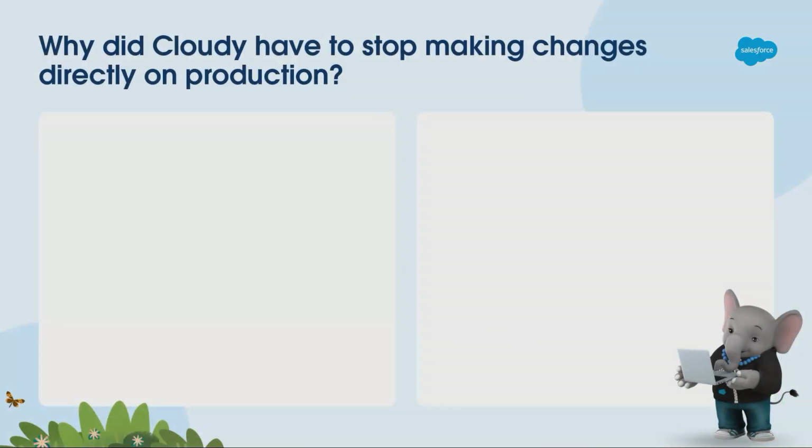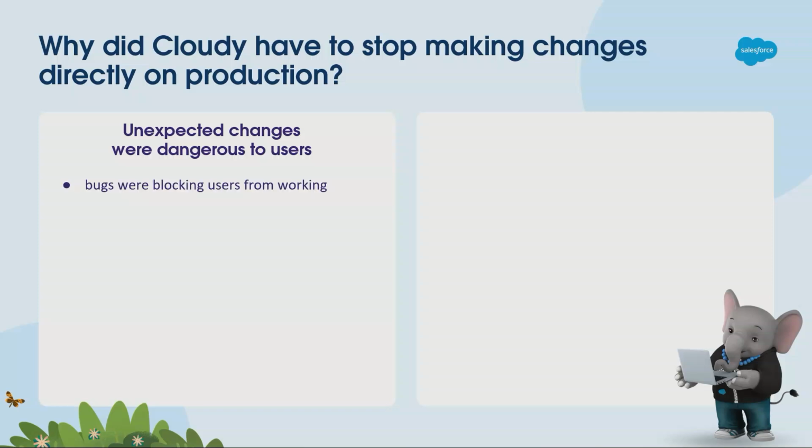And you may wonder, why is it a bad thing to work on production, right? We have this option. Why can't I use it? So basically, that's where Ruth, the architect, was introduced into the conversation, and happy to explain that to Cody. You see, doing changes directly on production is dangerous to the users.